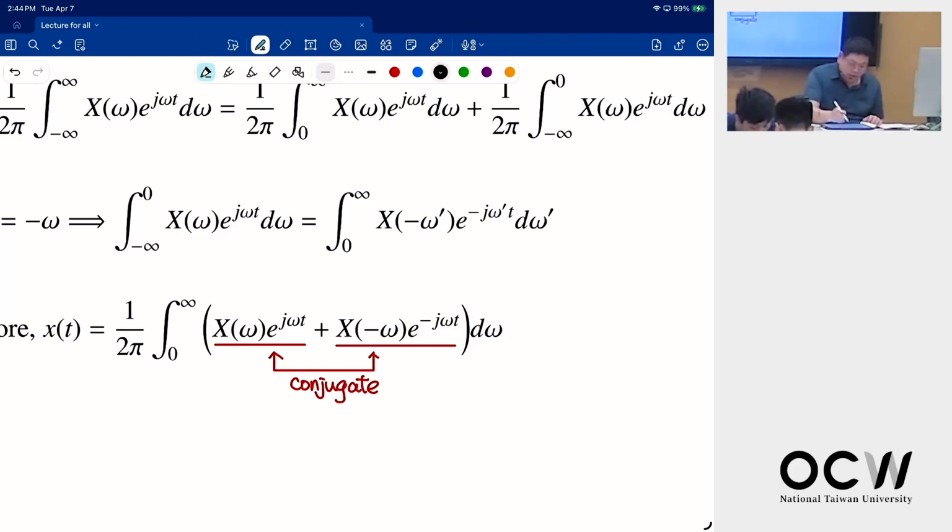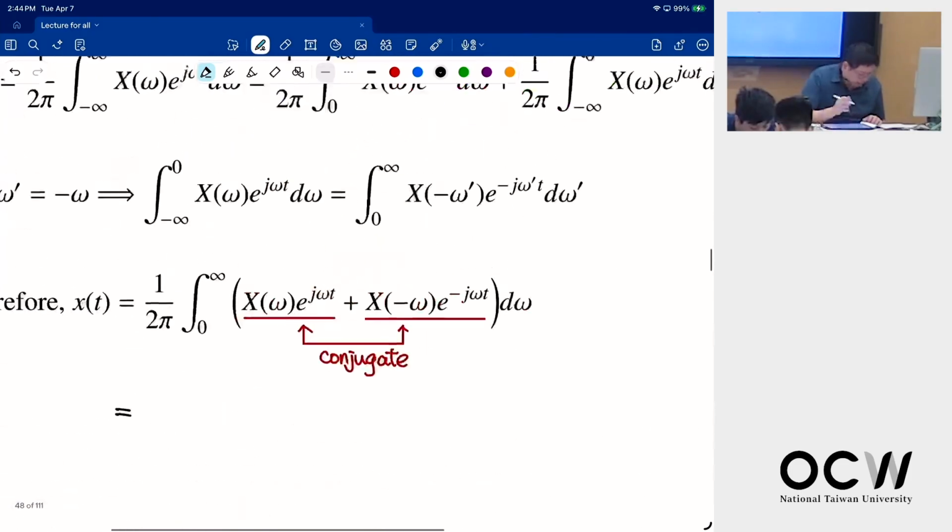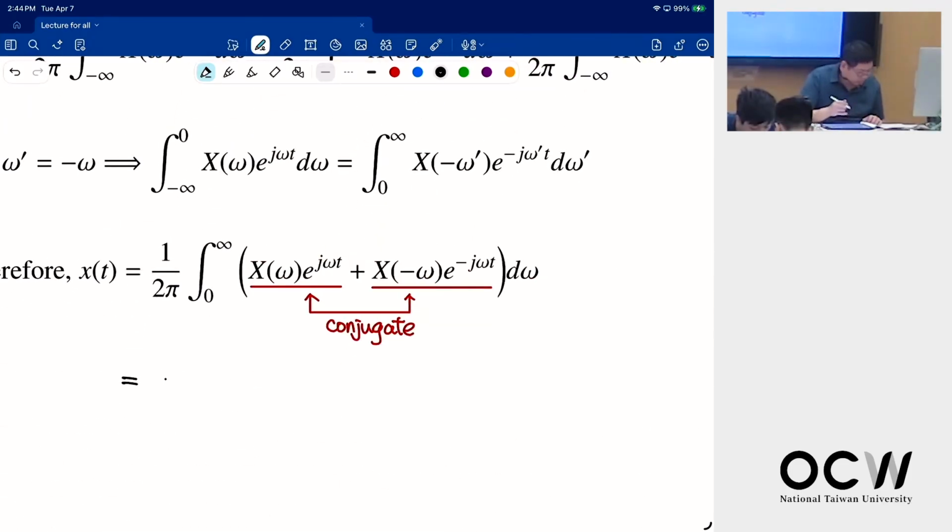Therefore, I can write this integration as 2 over 2 pi times the integral, and I only take the real part of the Fourier transform times the basis.